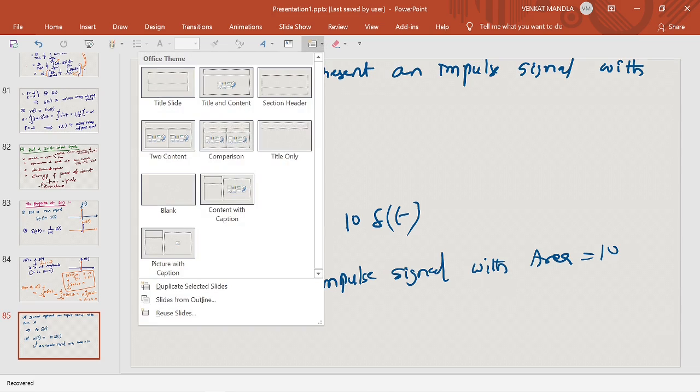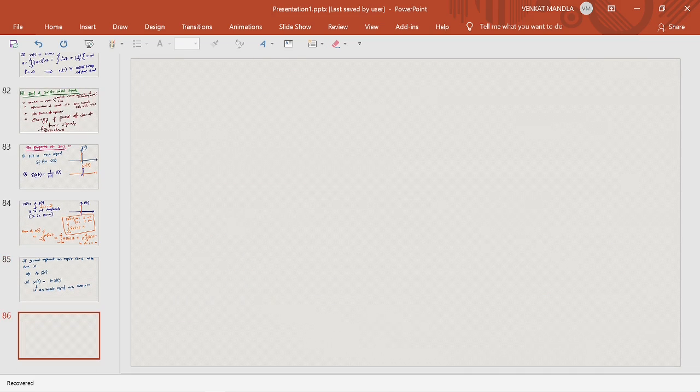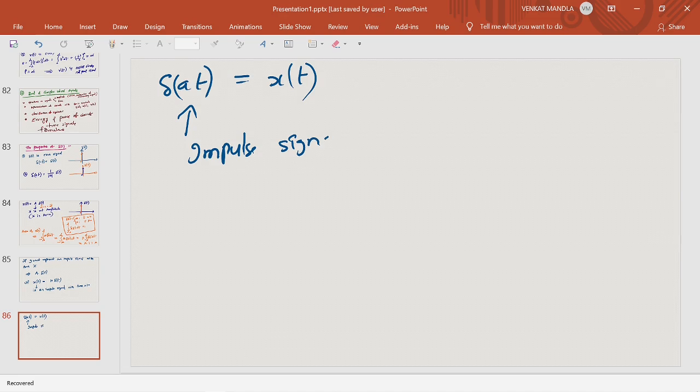So now come to the proof of del of at. Del of at, let us say this is x of t. So del of at is an impulse signal because we represented it with del. This is an impulse signal.